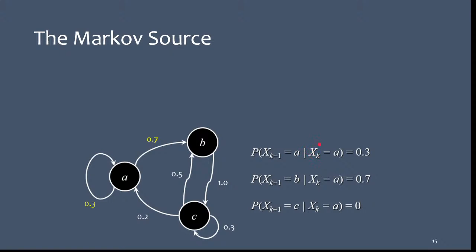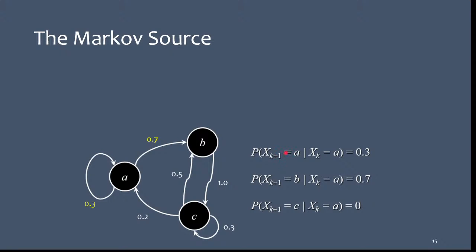Let us assume that k was the initial state of this source, and it was in state A. At the kth state, the symbol emitted was A. Now the next state is k plus 1.